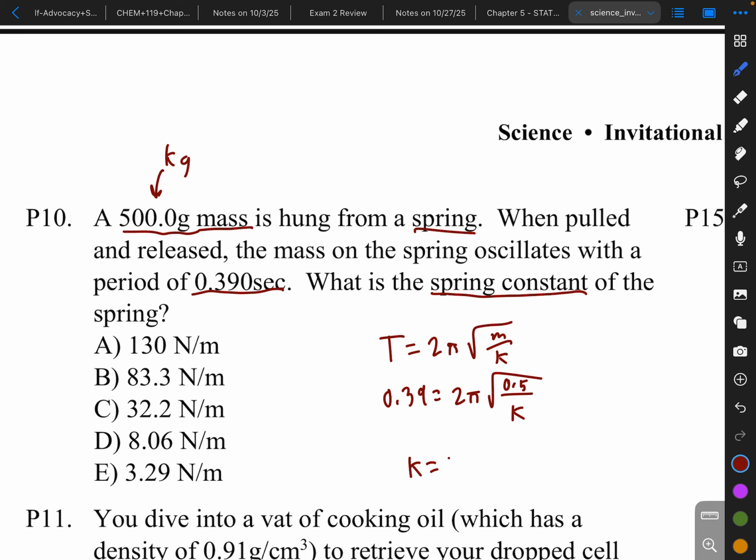If you did the math right, you would get 129.778, which is very close to 130 newtons per meter. So the answer to this question would be A, 130.